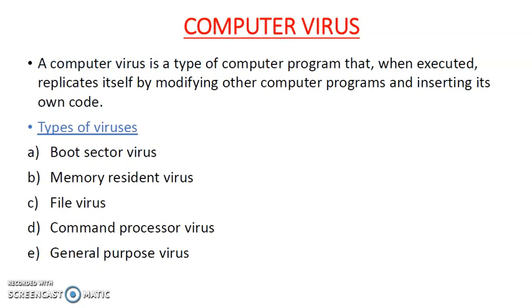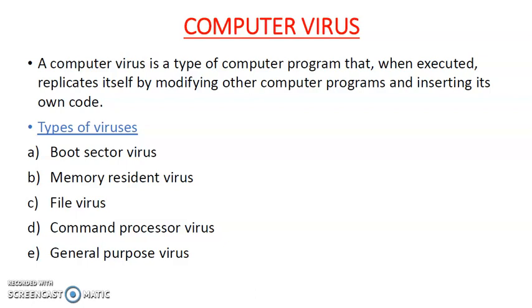Now, your next one is the computer virus. What is the meaning of virus? A computer virus is a type of computer program that, when executed, replicates itself by modifying other computer programs and inserting its own code.